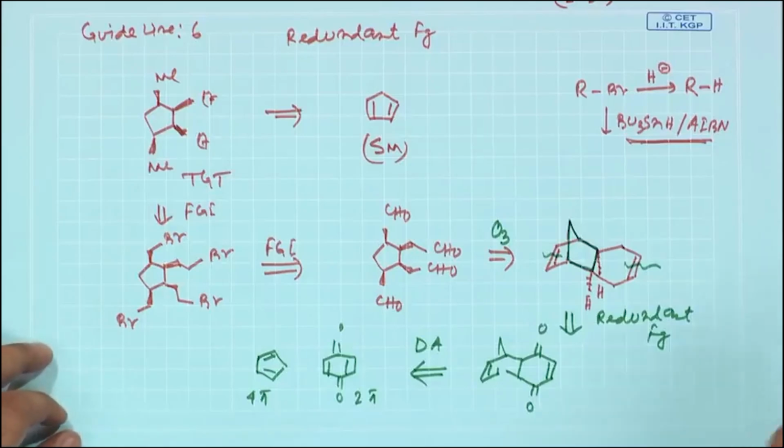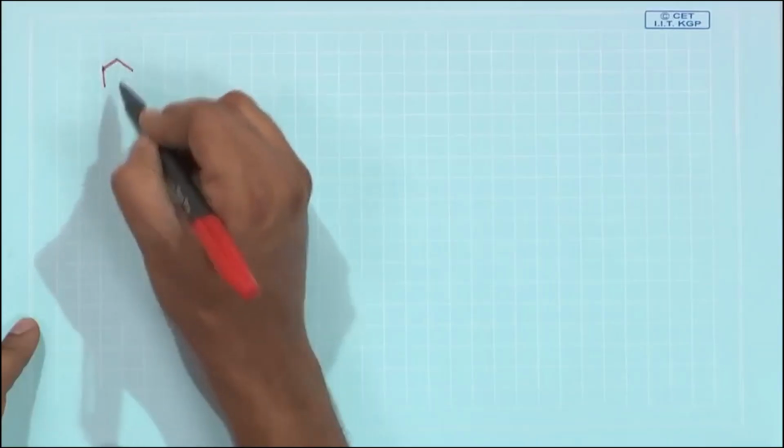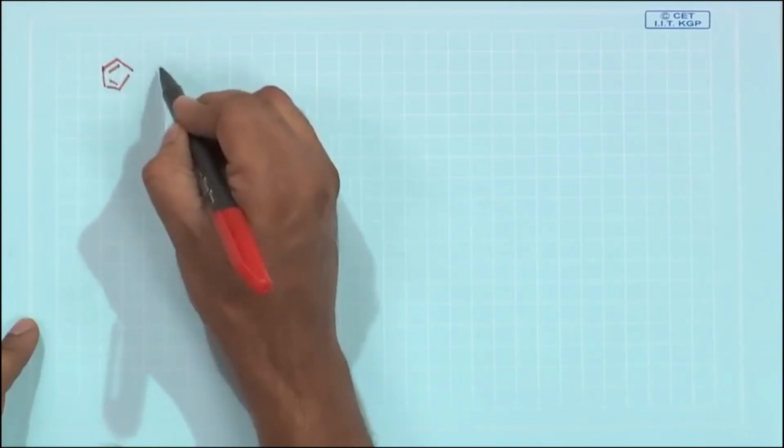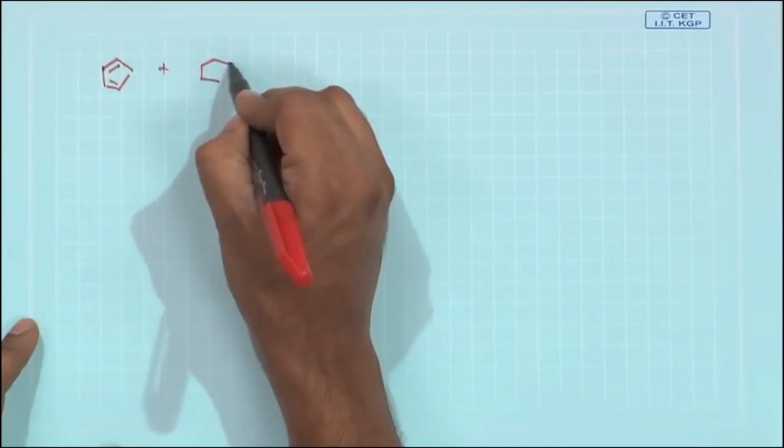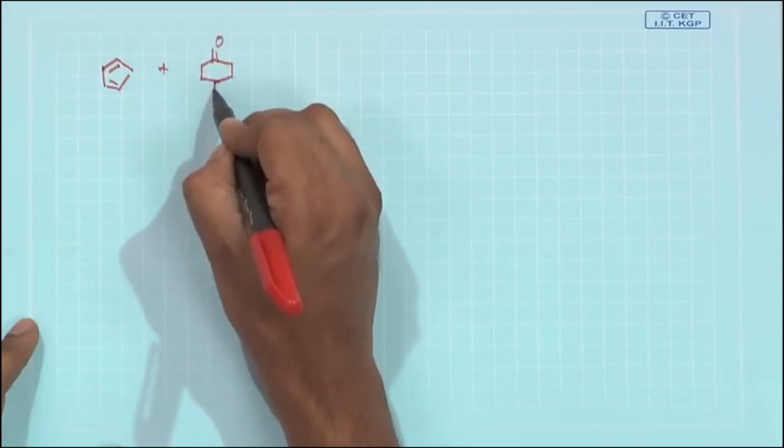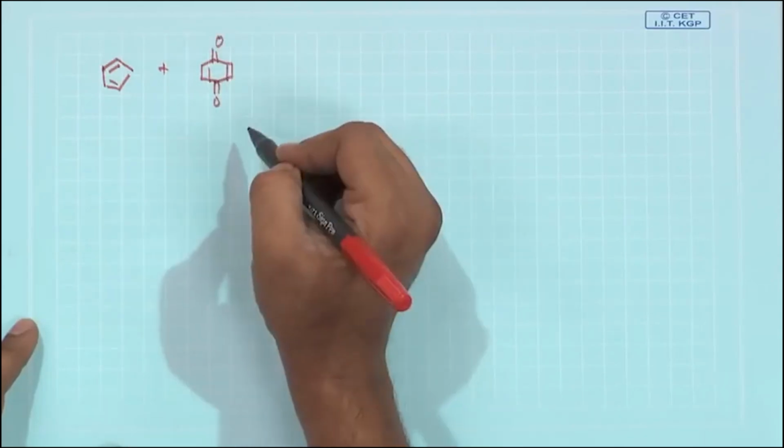Now, based on this we will do the forward pathway and see how this synthesis can efficiently be carried out with a strategic exploration of redundant functionality. The starting material was cyclopentadiene, and it was reacted with parabenzoquinone.